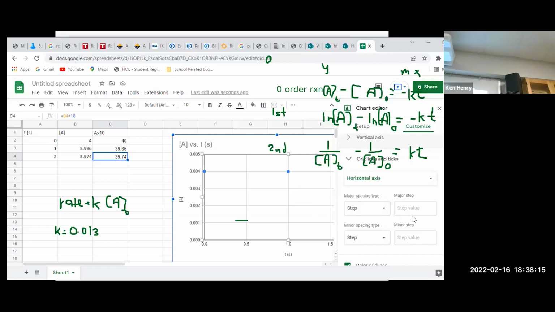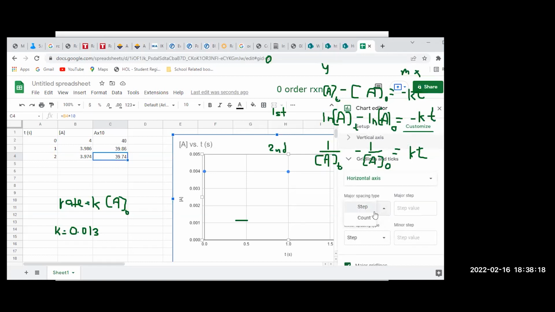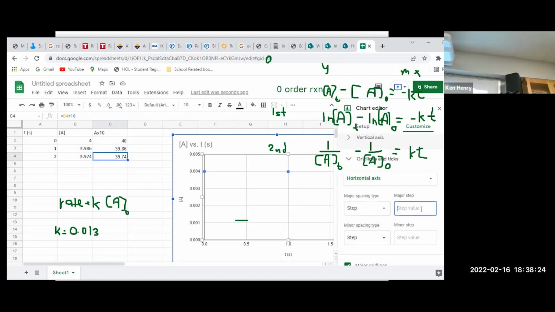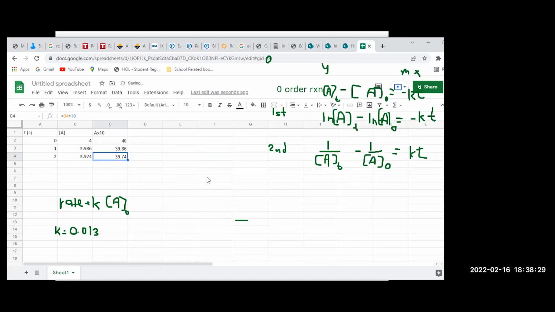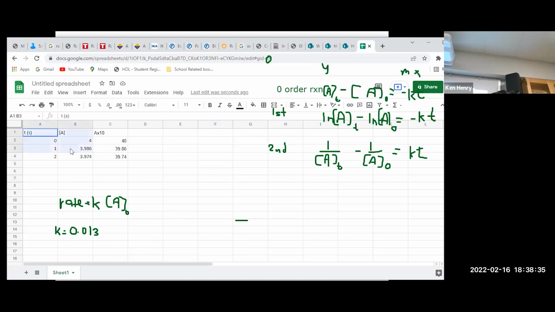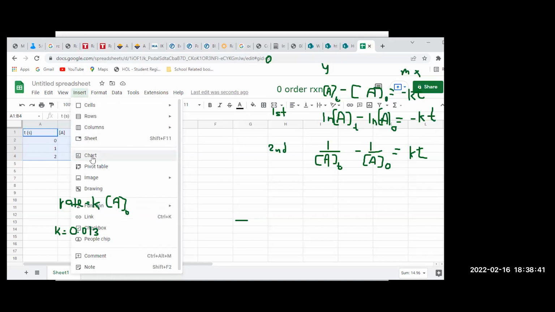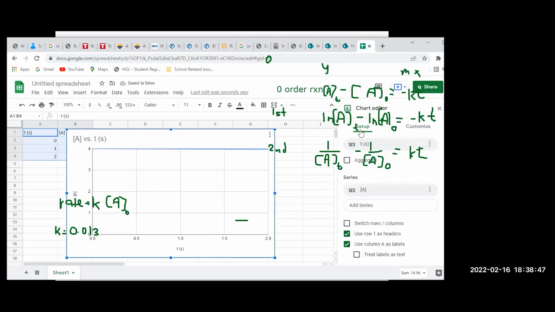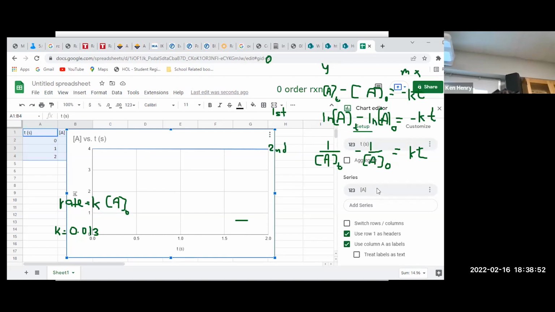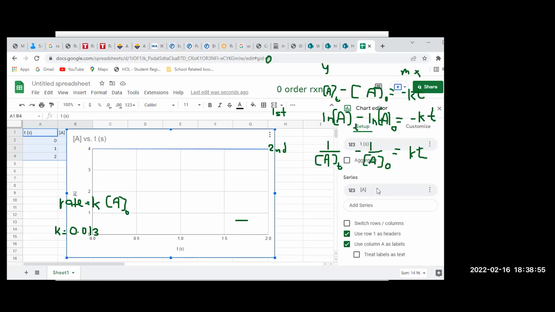Okay, so I'll have to figure out how it works with this. I figured out how it works. What do you recommend, Abel? Delete the graph, and then from there, just select the original values and then insert chart. And then for your x-axis, where it says like T, change it to A instead.